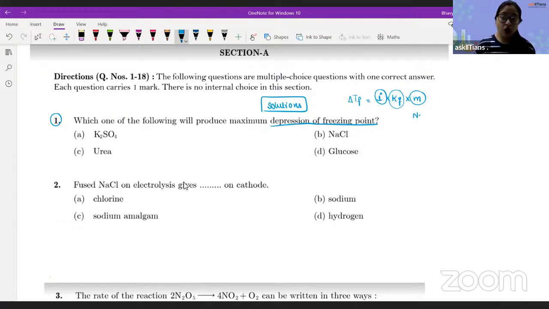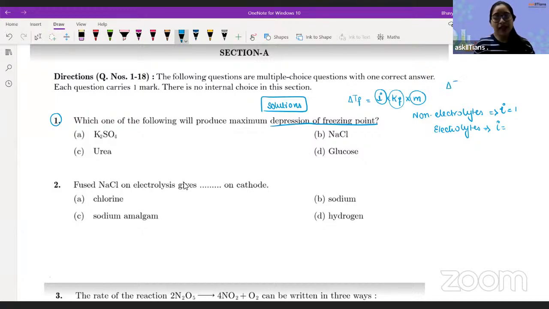Now, for non-electrolytes, the i value is 1, whereas for electrolytes, the i value may differ depending on the number of ions produced.